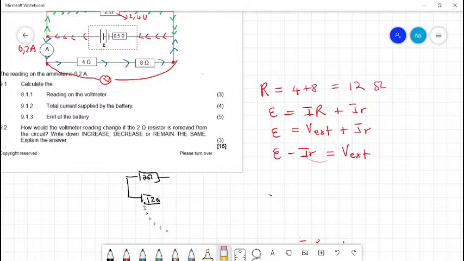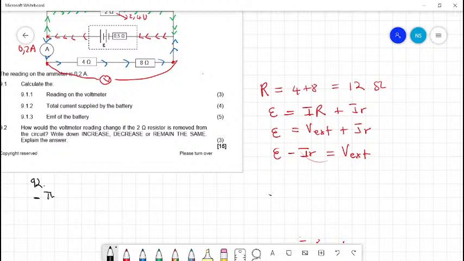What I'm going to do here is explain the answer first, and from the explanation, I'll be able to draw my conclusion. In 9.2, what we see is that the total resistance of the circuit increases. That's what we have observed because we removed that.